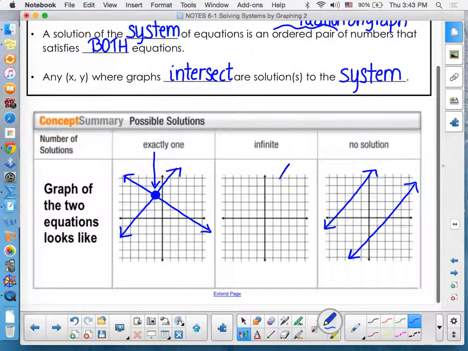Or, if I went to graph something, and after I made the graph and I went to graph the second equation it landed right on top of the first one, point for point for point, then there'd be many solutions, many places. This point satisfies it, this point satisfies it, this point satisfies both, because it works for both equations. Then there are infinite or many solutions, more than I could count.